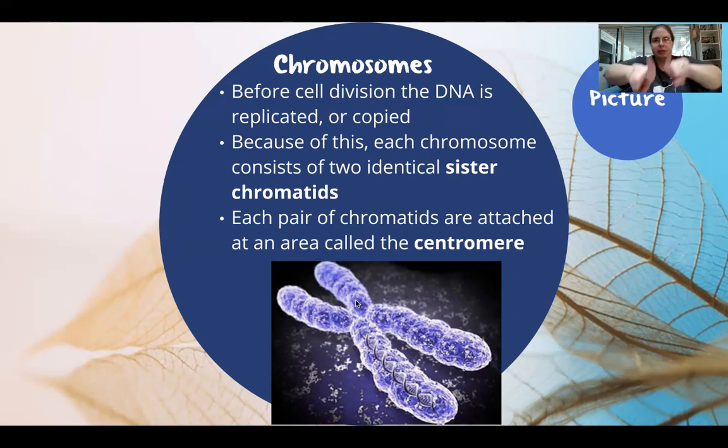So one is a copy of the other, and that's what these are. Now, since they have all the same information, it's just two copies of the same thing, we call them sister chromatids. They are connected by a protein around this region, and this region is called the centromere. So the sister chromatids connect to each other at the area called centromere.